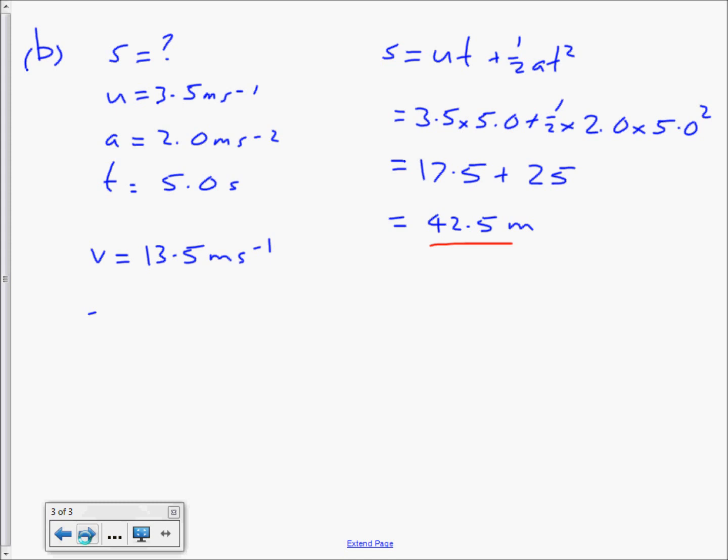So we could have used S equals U plus V over 2, that's average velocity times time, to work out the distance traveled. And this is probably, in fact, an easier calculation to do.